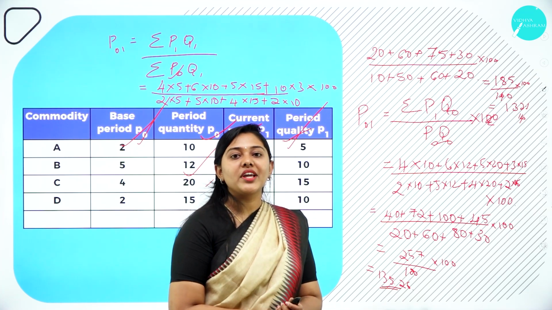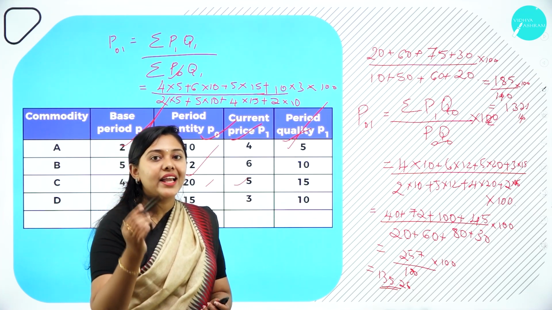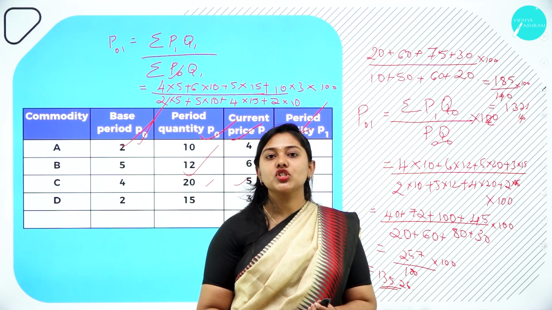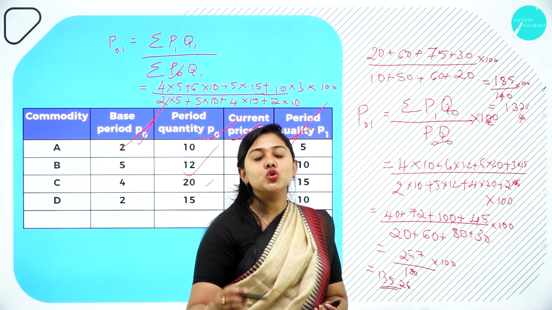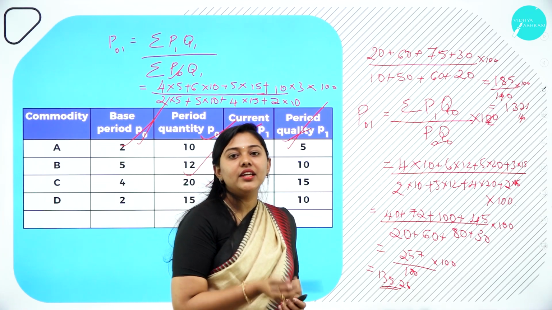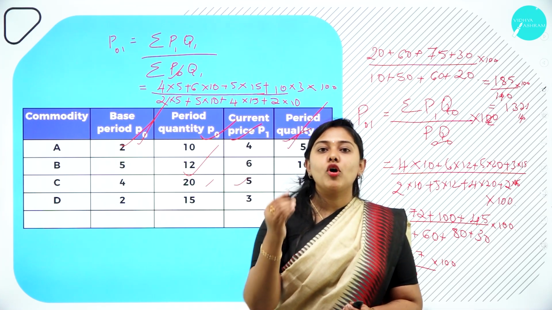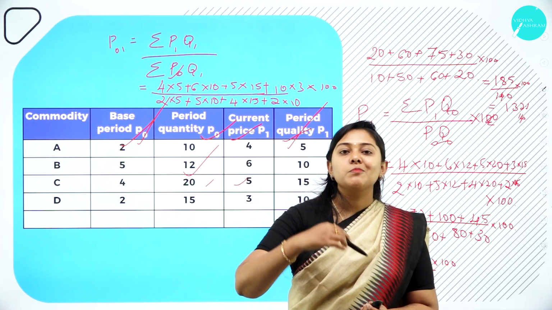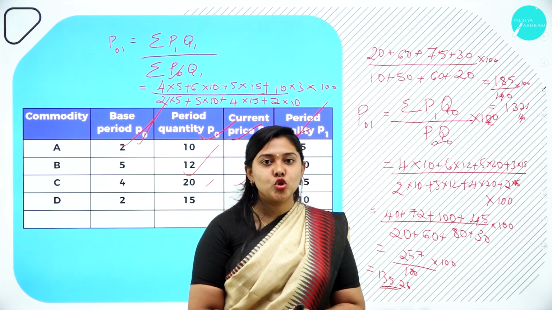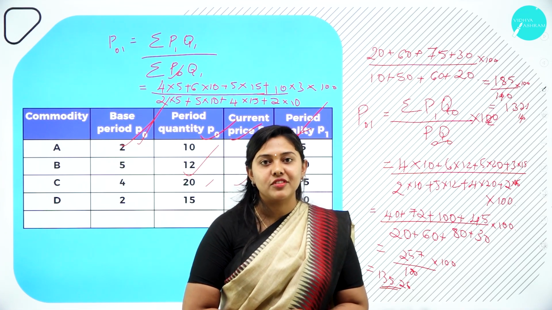In the Laspeyres method, you need to take the base period quantity for both calculations, but in the Paasche method, you have to take the current year quantity given in the question for both the base period price as well as the current period price. So this is the difference.